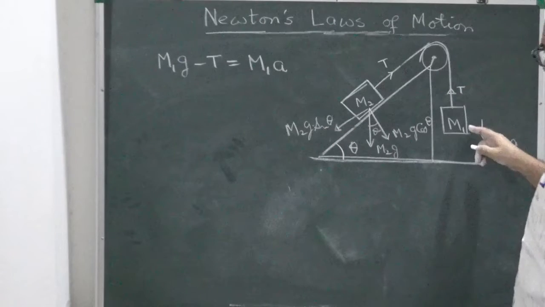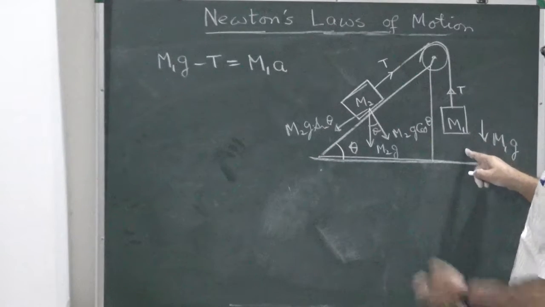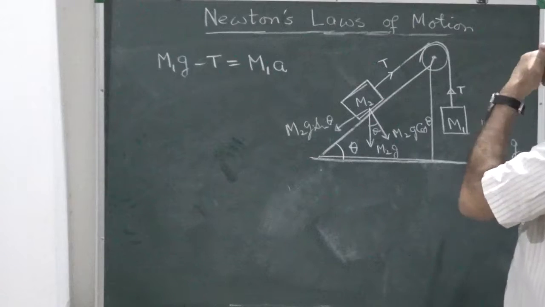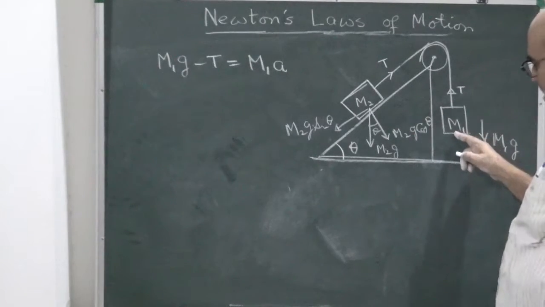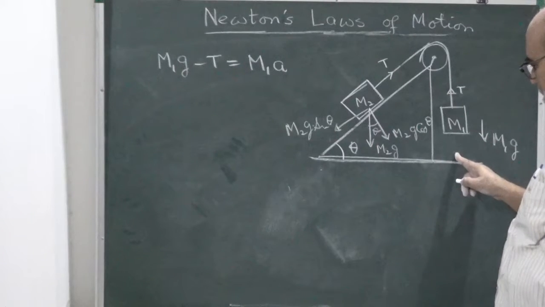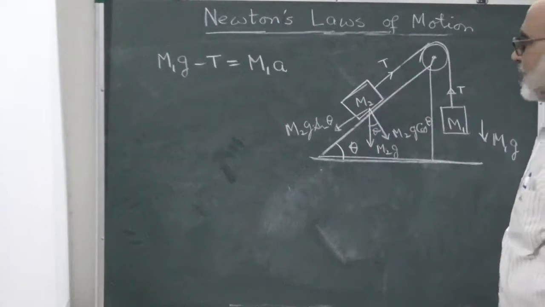I have assumed here this to be moving down and this will be moving up. Suppose you have assumed that M1 is accelerating down and M2 is accelerating up.